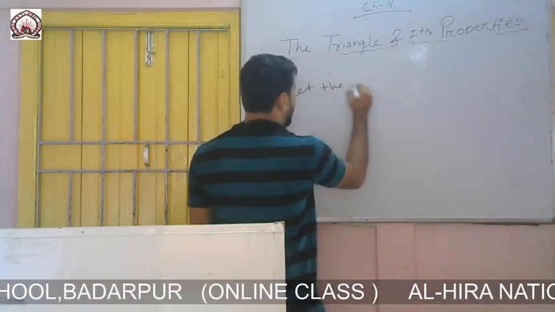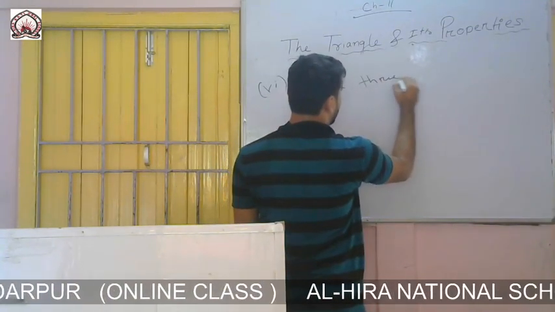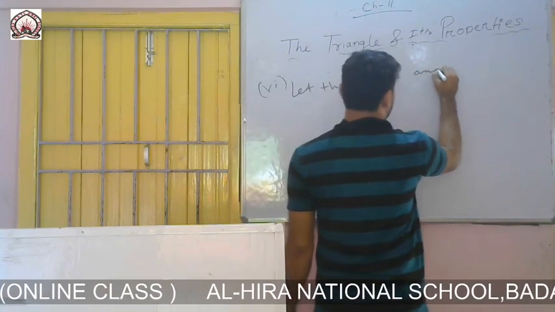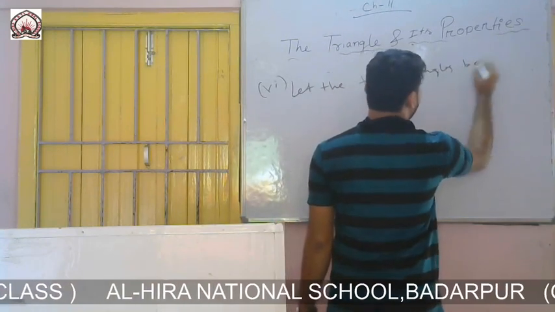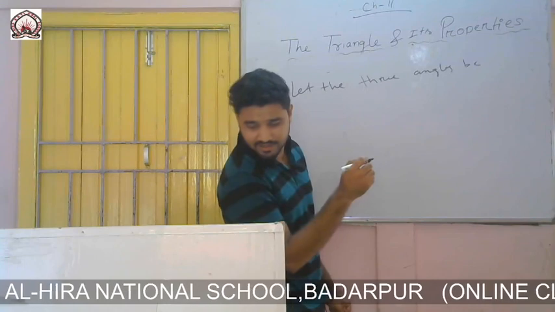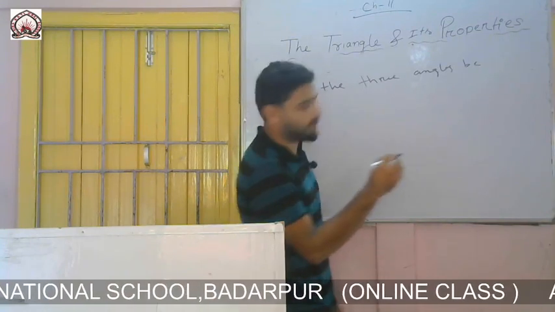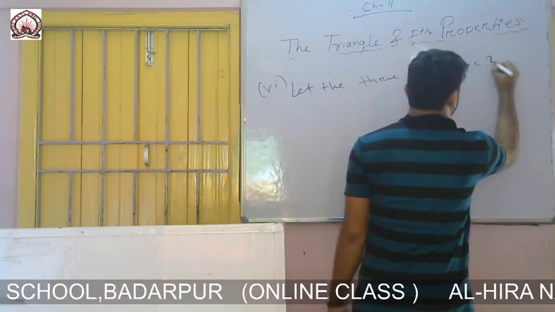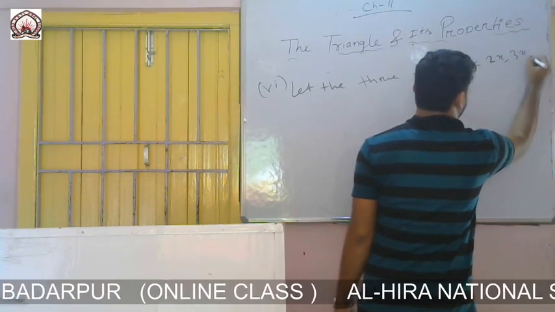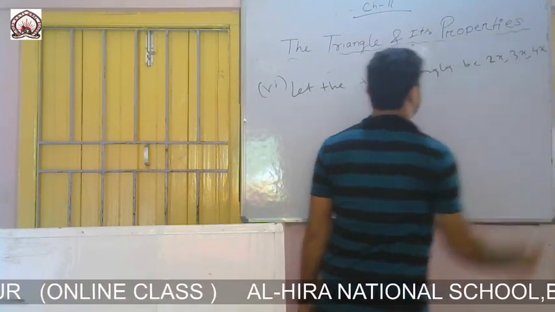Let the three angles be twice x, thrice x and 4x.